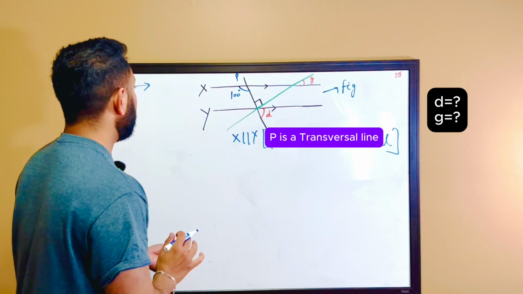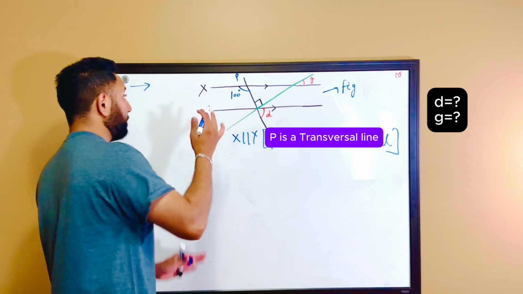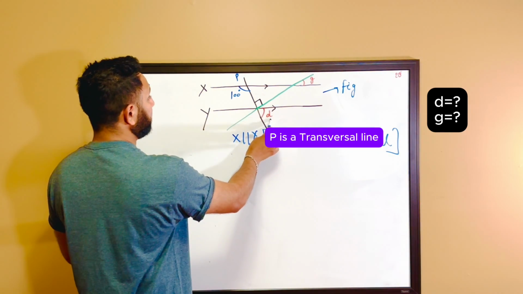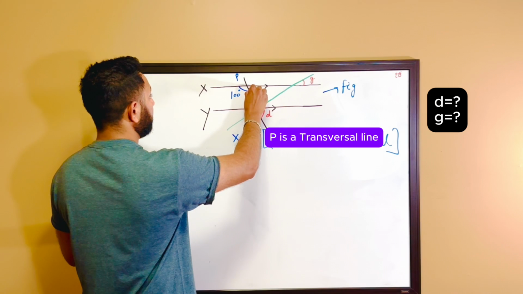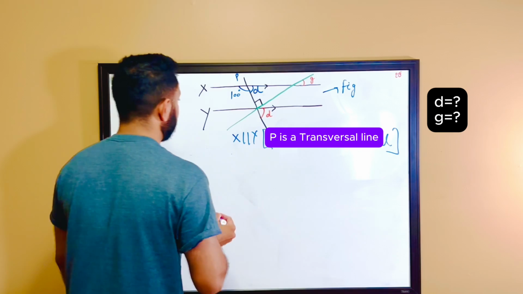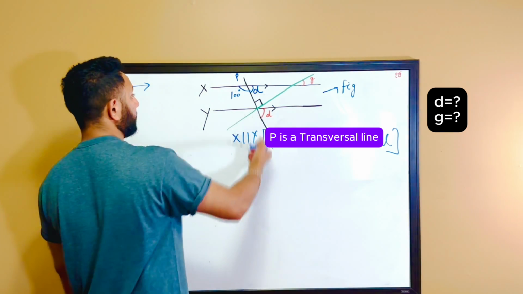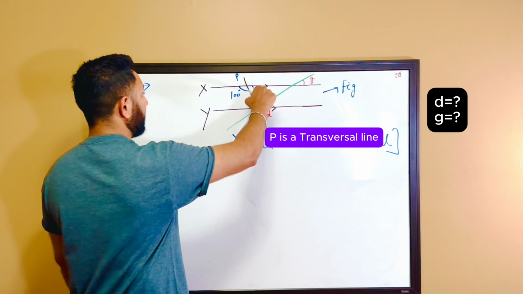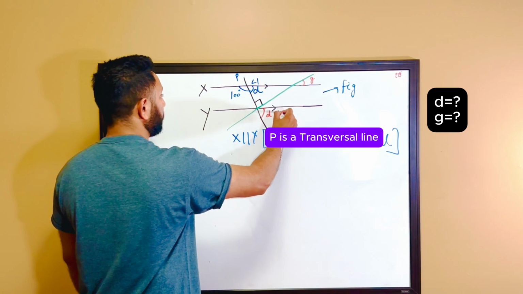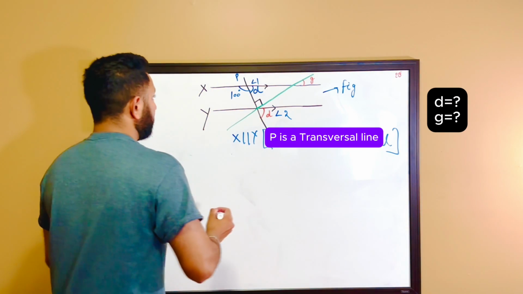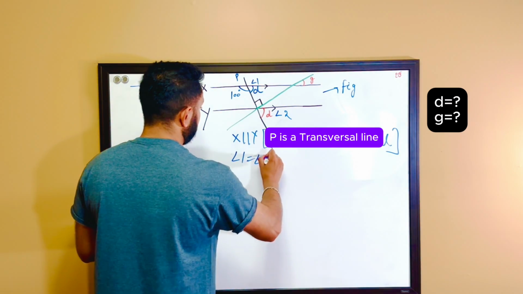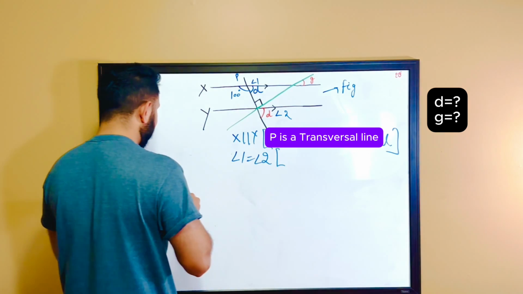And we know that corresponding angles between the parallel lines are equal. So that means if this is T and this is also T, by the property of corresponding angles, like these two, let's say this is 1 and this is 2, so 1 and 2 are equal by the property of corresponding angles.